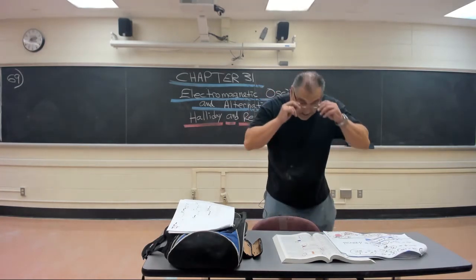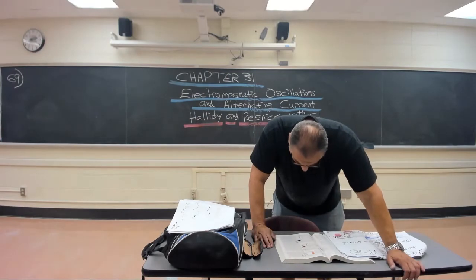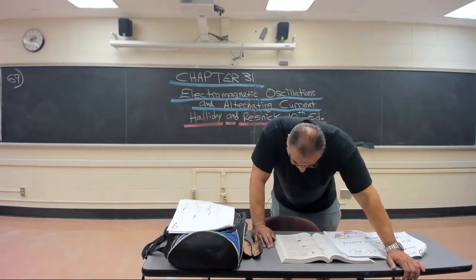Problem number 69 from chapter 31 says a generator of frequency 3000 hertz drives a series RLC circuit with an EMF amplitude of 120 volts. The resistance is 40 ohms, the capacitance is 1.6 microfarads, and the inductance is 850 microhenries.